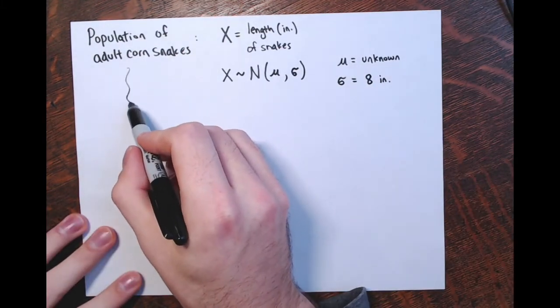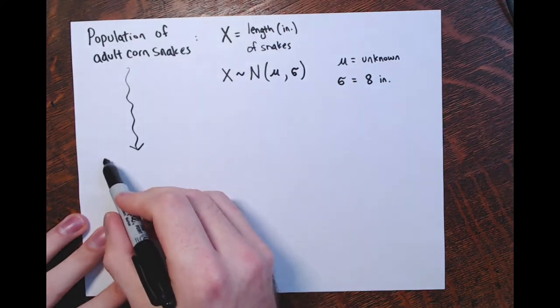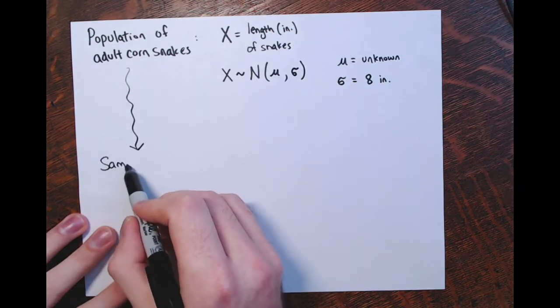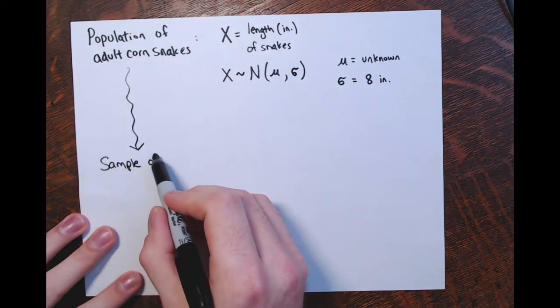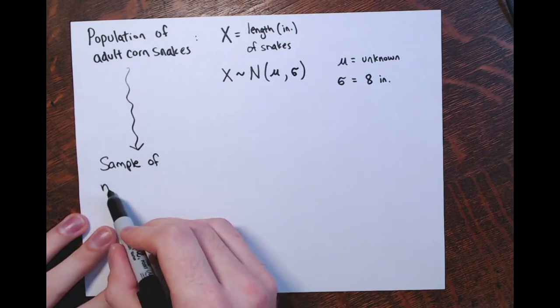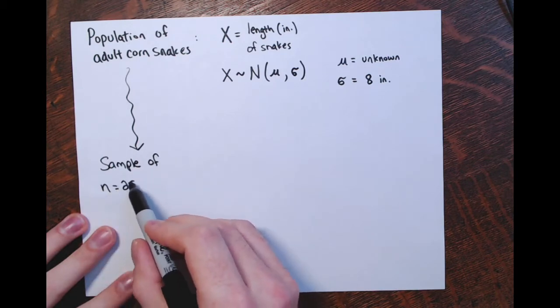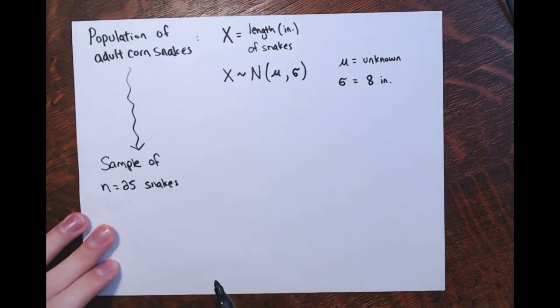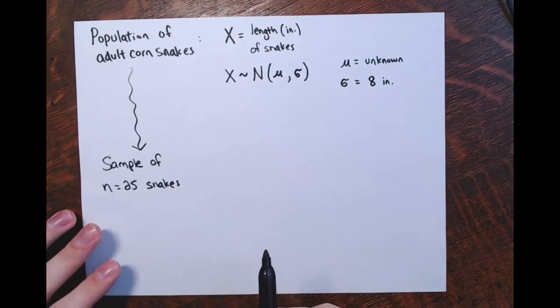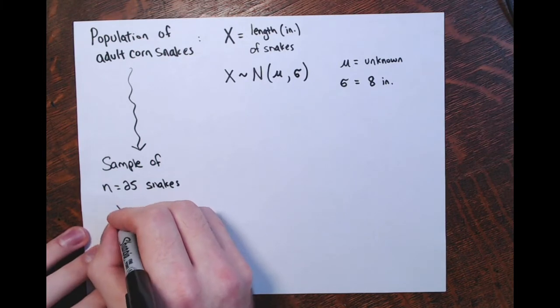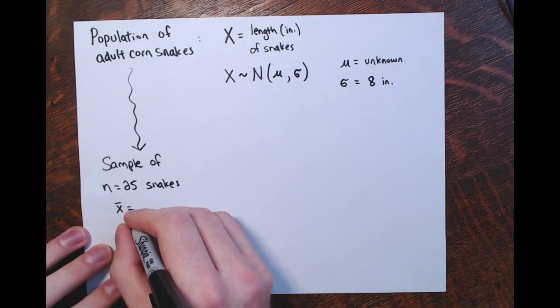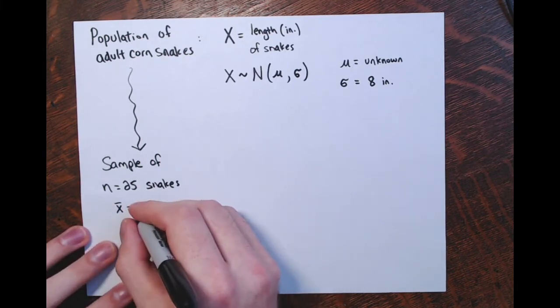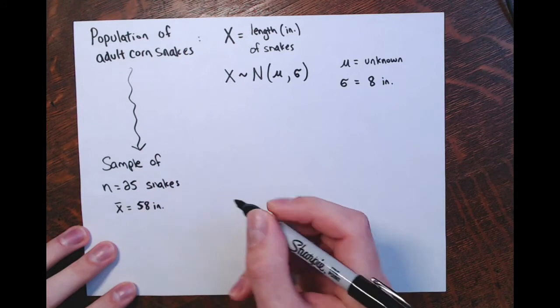So from this population of adult corn snakes, a random sample of n equals 25 snakes is taken, and their average length is calculated. The sample mean, x bar, is 58 inches.